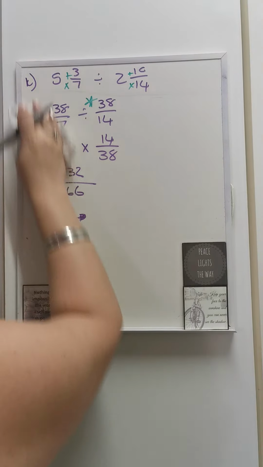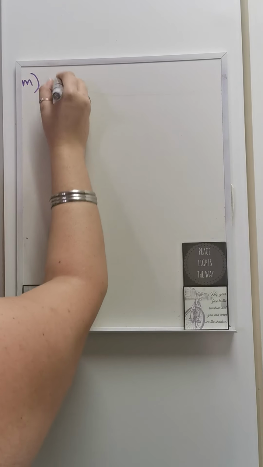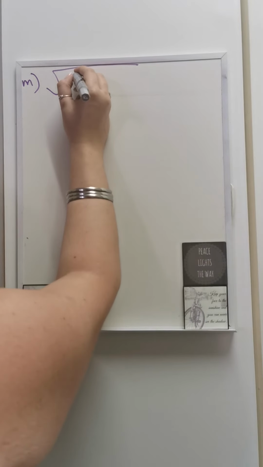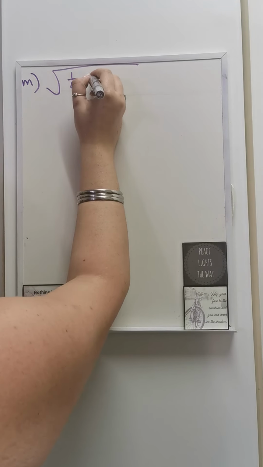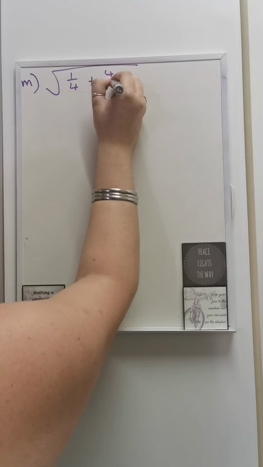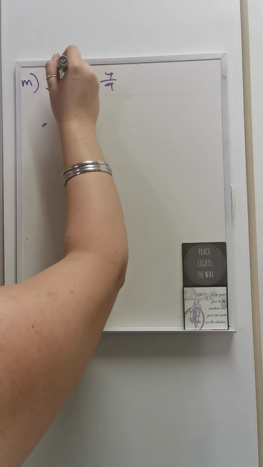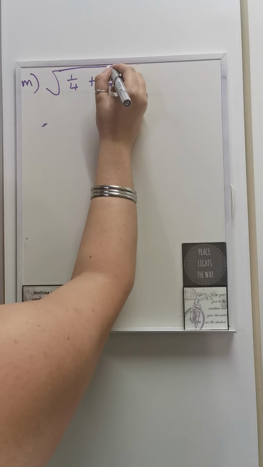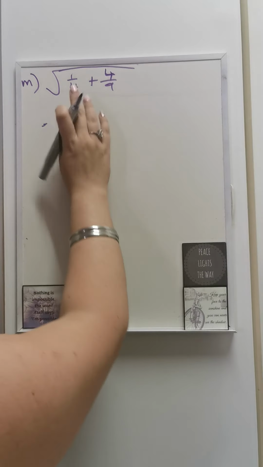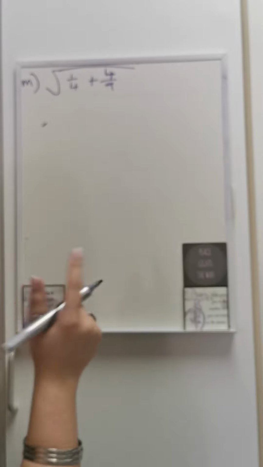Okay, number M I want you to look at now, very carefully, please. Number M gives me the square root of a quarter plus 4 over 9. Remember, this counts as a bracket, so we first have to do what is under the root. Can I add these together? No, I cannot.